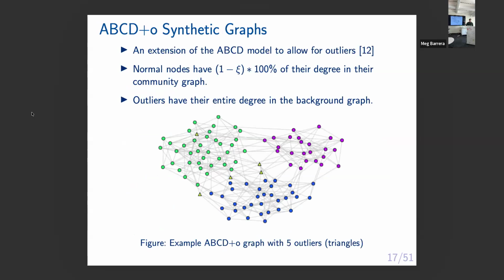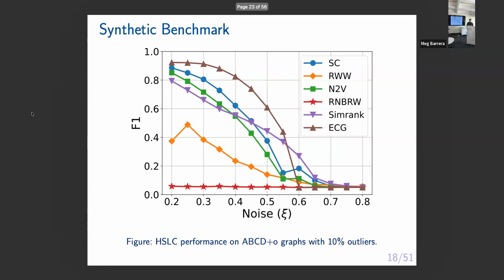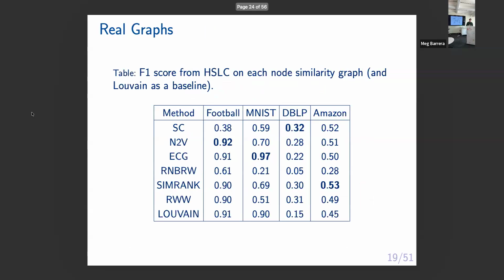Yeah, we tested on some synthetic networks that do have outliers. ECG seems to do fairly well, but maybe none of these are doing exceptionally well. And then if we test it on some real graphs, we can see that for all of them, there's at least one existing edge weighting option that will do a little bit better than the ECG way, but it's not at all consistent which option that is.